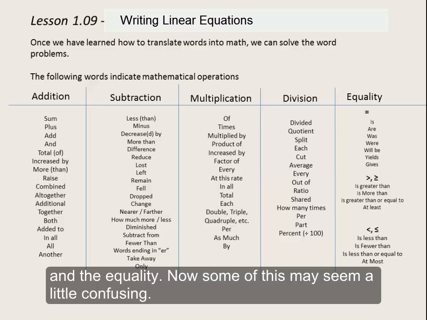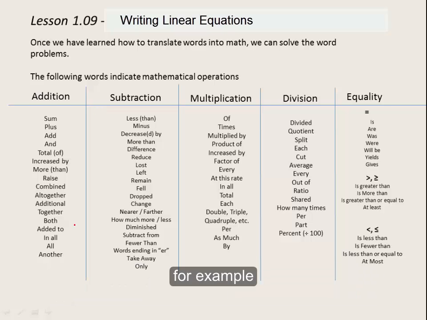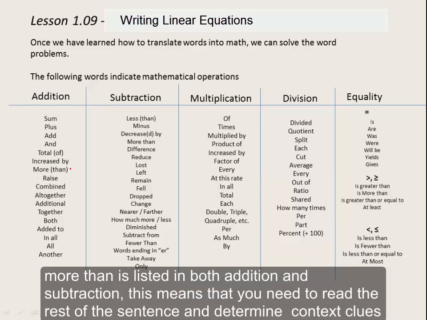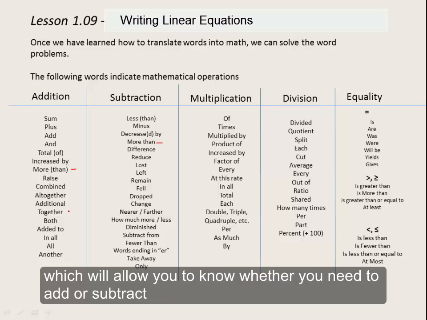Now, some of this may seem a little confusing. For example, "more than" is listed in both addition and subtraction. This means that you need to read the rest of the sentence and determine context clues, which will allow you to know whether you need to add or subtract.